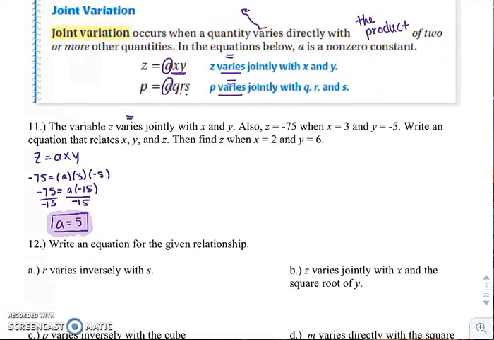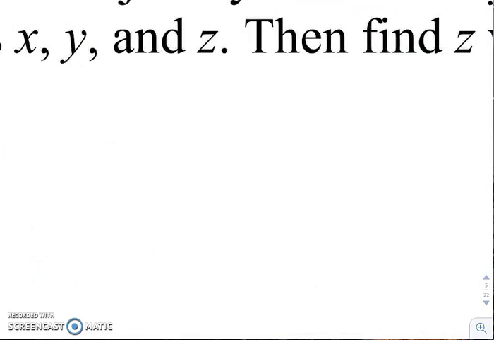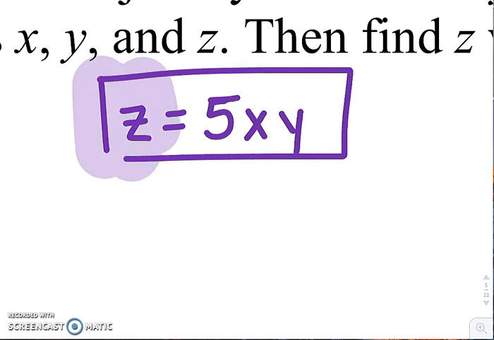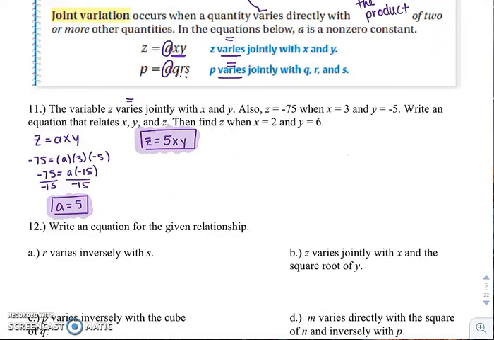So that's your first step. So write an equation that relates x, y, and z. So using that a value, we have this equation, z equals 5xy. So we can now use that for any equation as long as we know our z, x, and y.